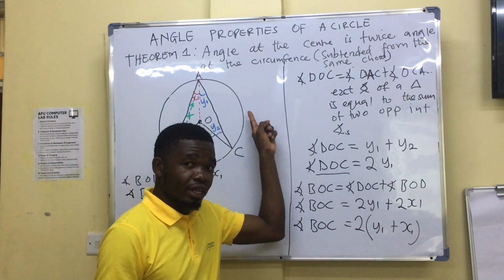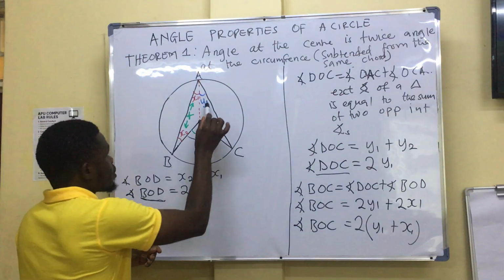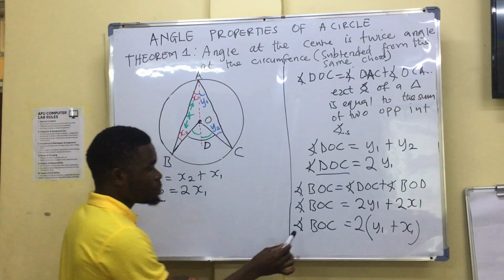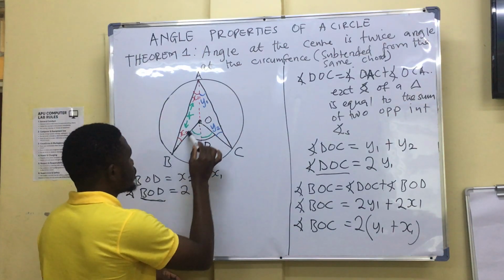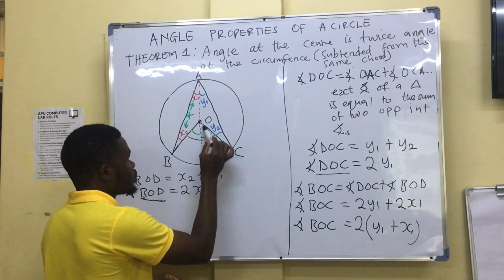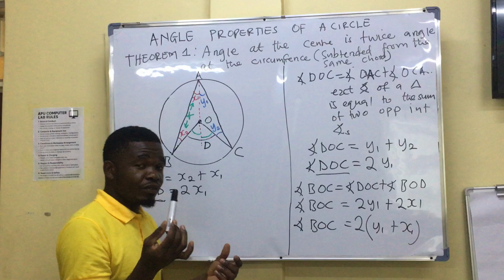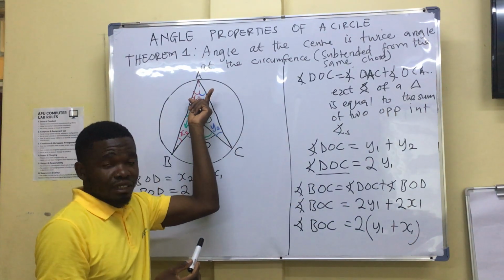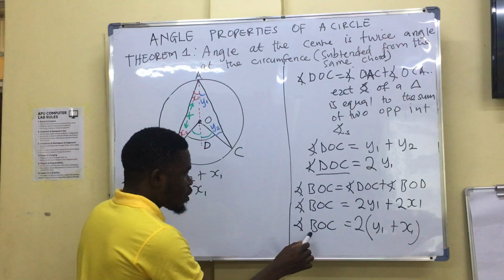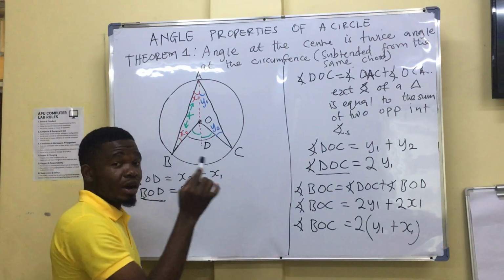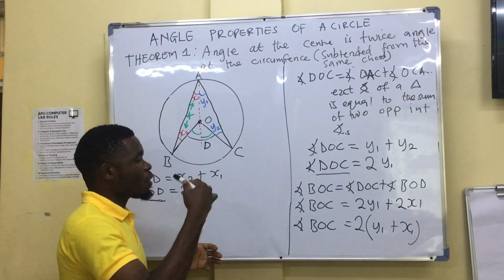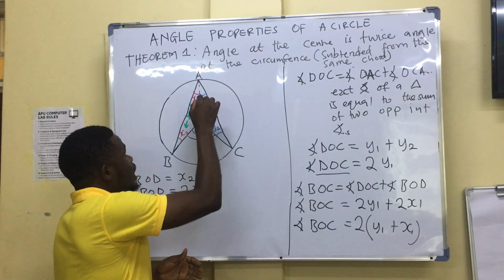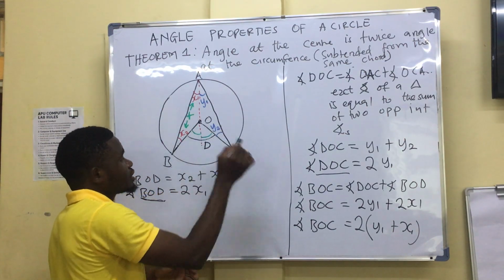Remember y1 is this angle, x1 is this angle, right? But angle BOC is this one, the whole of this angle, which is the angle at the center. But if we add angle y1 and angle x1, it's the angle at the circumference now, right? Meaning that angle BOC, the angle at the center, is equal to 2 times angle x1 plus y1.